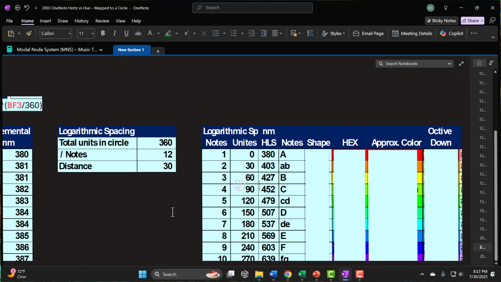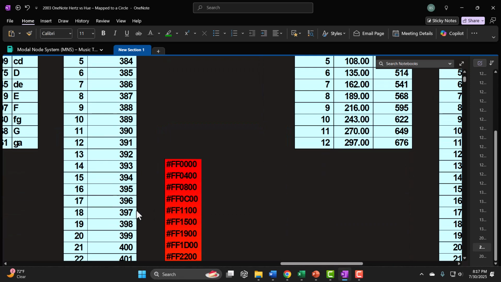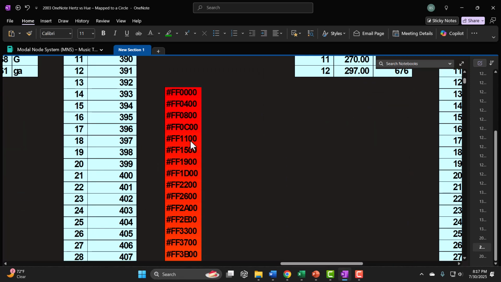However, we're going to use the HLS system, which in essence has already done this. The colors we mapped out here are the hex numbers, but we mapped them from a 360 system, an HLS measuring system.